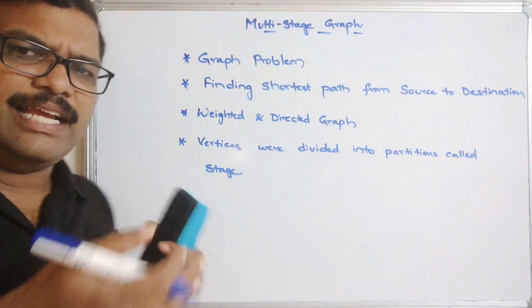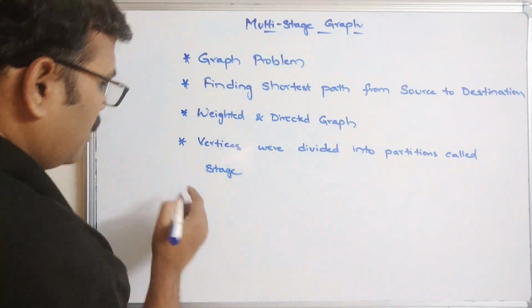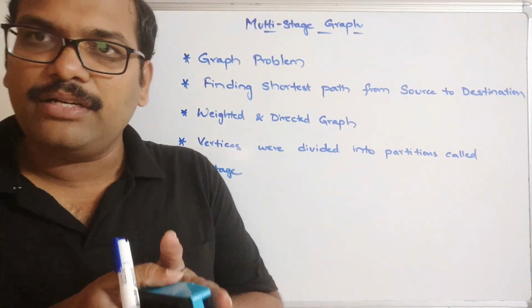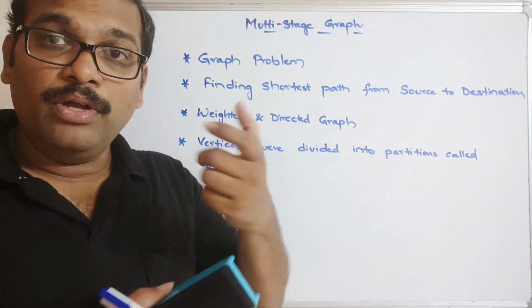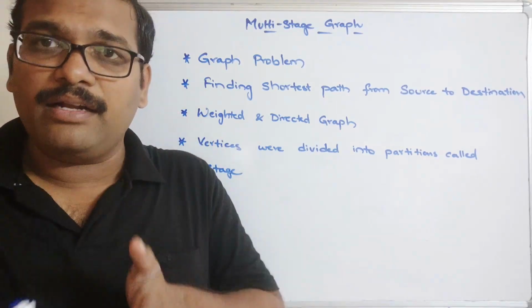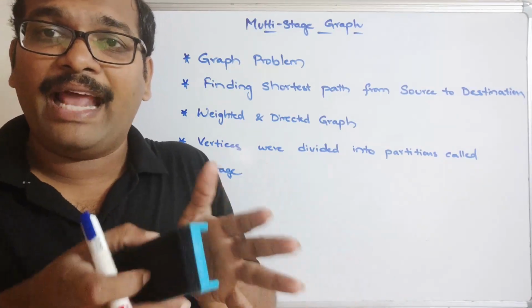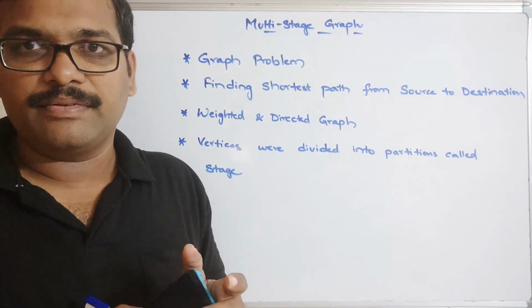So each stage will have a subset of vertices, and the direction should be only one way, right? If the direction is from the current vertex to the next vertex, there should not be an edge from the next vertex back to the current vertex.